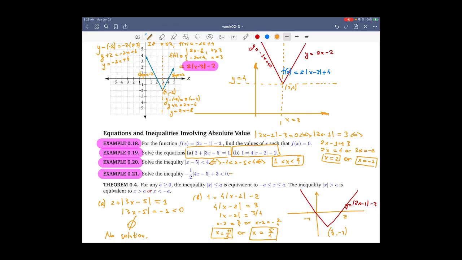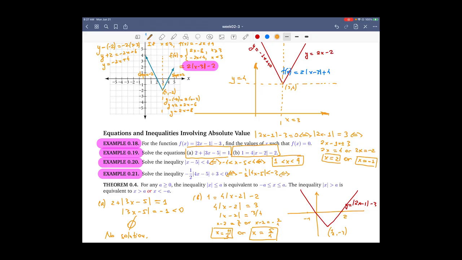And moving 3 to the other side, we have -1/2 times absolute value of 4x minus 5 is less than -3. And we mean here to multiply the inequality by -2. And remember, when you multiply an inequality by a negative number, you must flip the sign of the inequality.